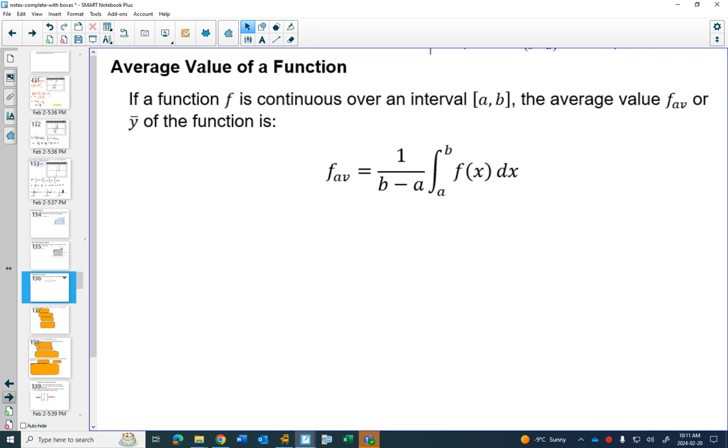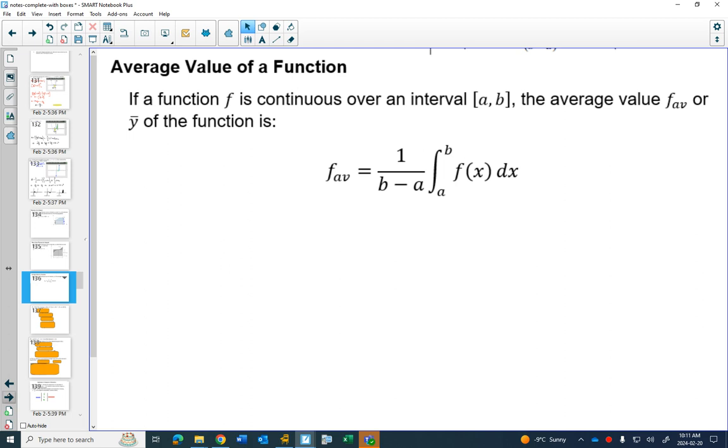Like if I said your marks from the beginning of the semester to the end of the semester followed the x squared graph from 8 to 10, right? At the beginning, you were getting 64. 8 squared is 64. By the end of the semester, you were getting 100. 10 squared is 100.